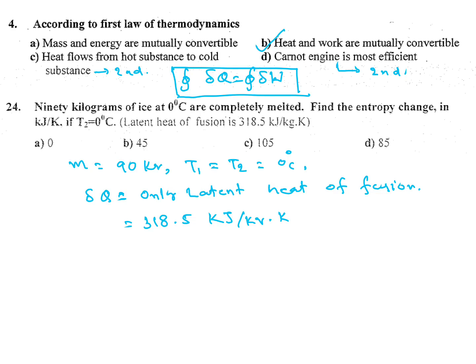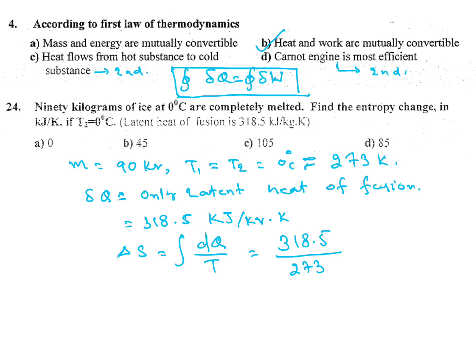We know entropy change is L by T. So 318.5 divided by T; it's in degrees Celsius, so it's 273 Kelvin.